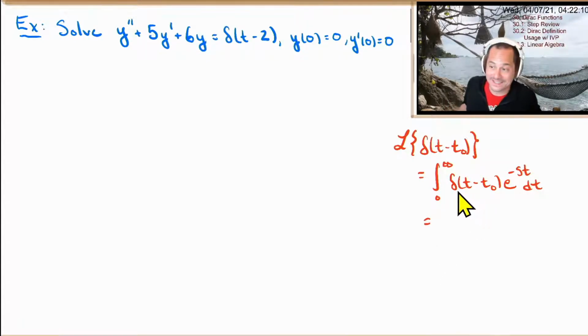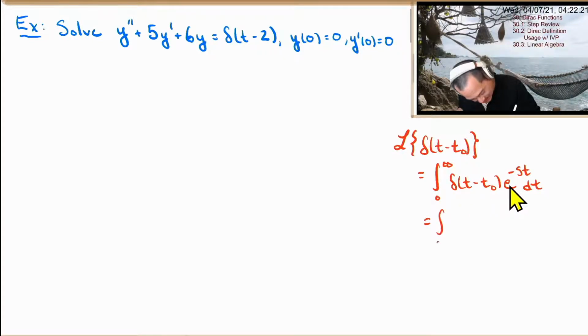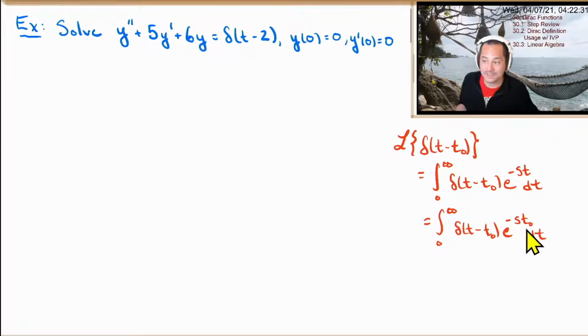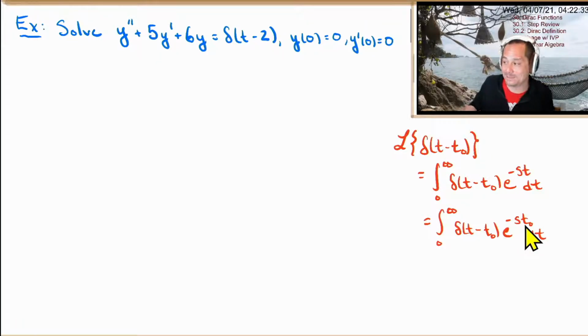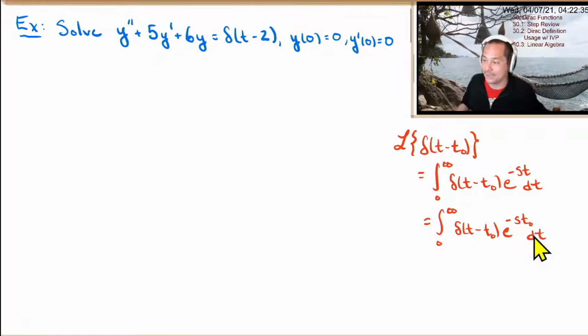But since this delta is going to be 0 for all values of t that are not t naught, the only time I even care about t is when t is equal to t naught, so I have the integral from 0 to infinity of delta t minus t naught, e to the negative st naught dt. Remember, t naught's a number. That's the point in time where things spike up, where the hammer hit happens.